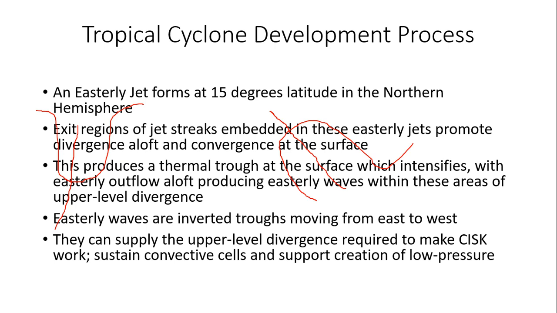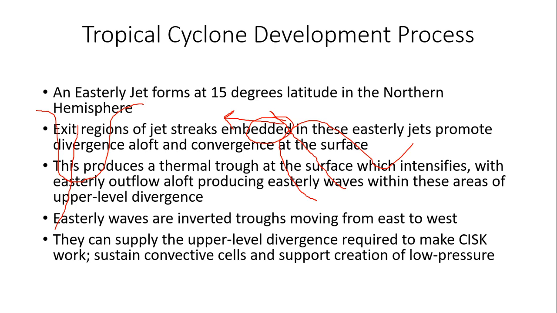Generally, these little easterly waves tend to move from the east towards the west, being steered by the easterly trade winds. Okay? Now, as I mentioned, there are two types of easterly waves: stable easterly waves and unstable easterly waves. But in general, you have areas of upper level divergence that get going aloft above these easterly waves, and that tends to lead to increased low-level convergence where the air comes together and rises in the vertical.